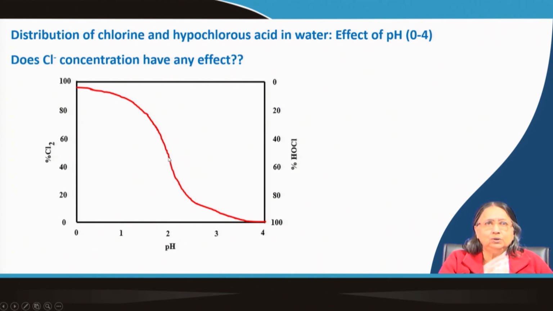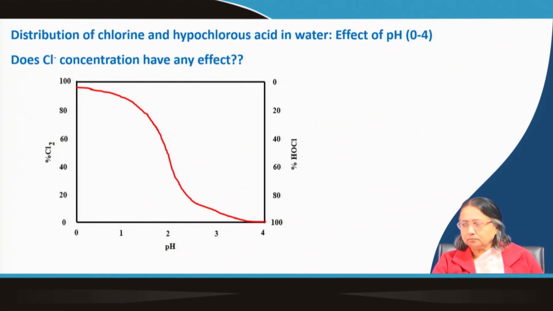At pH 2, this is about 50% and this is also about 50%, then at pH 3 the chlorine is say 10% and HOCl is say 90%, and at pH 4 no chlorine is present, almost 100% is HOCl. That means that thing I explained in the previous slide is following this. So, with the increase of pH, slowly more and more HOCl you are getting, is not it. So, this is the effect of pH.